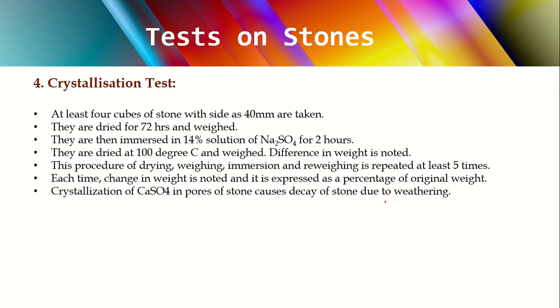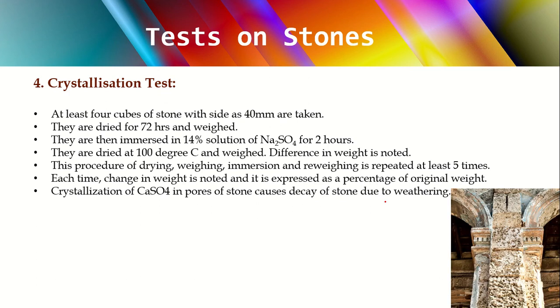Okay, so what will happen is, crystallization of calcium sulfate in the pores of the stone will cause decaying of the stone due to weathering action. So remember, if our stone contains any calcium, and once you immerse it in the sodium sulfate solution, they both react and form calcium sulfate.